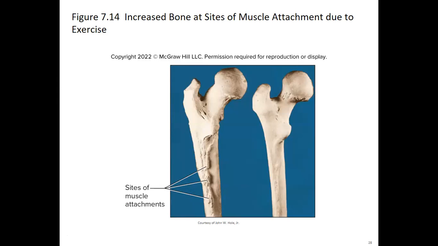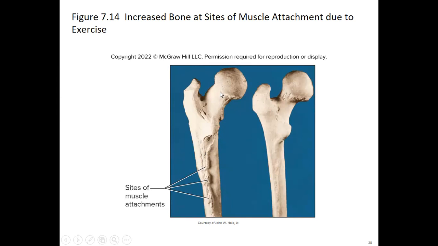And when you have a projection on a bone, that is usually the site of muscle and tendon attachment onto that bone. So you'll notice here, these are two femurs, these are two leg bones side by side from two different people. You'll notice that this one has more of these gnarly projections or these knobby projections than this one does. So this one actually does have it, but it's not as prominent as it is here.